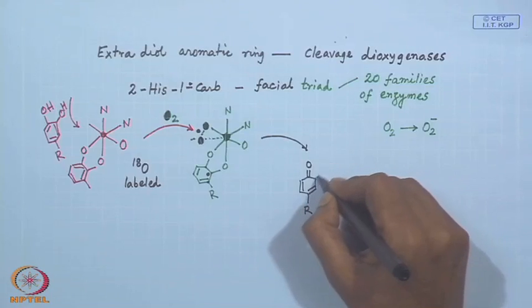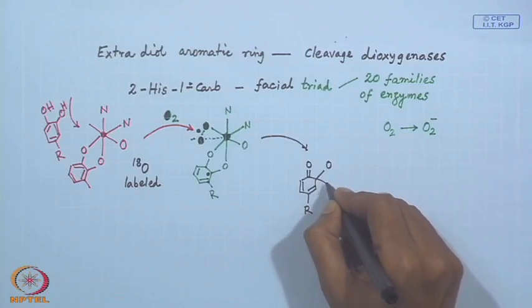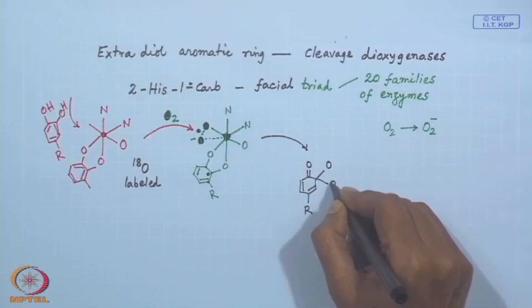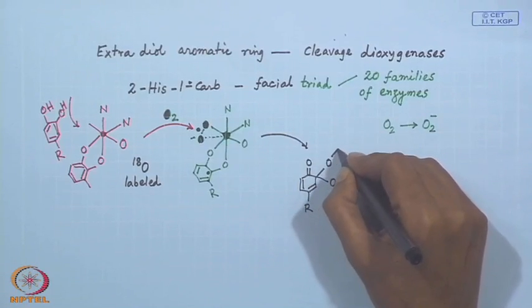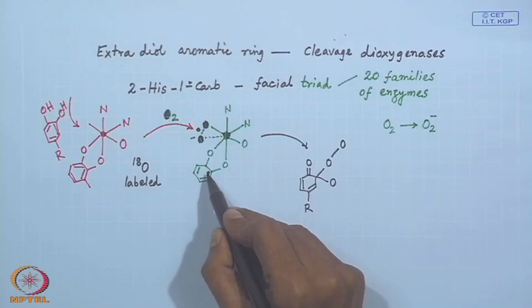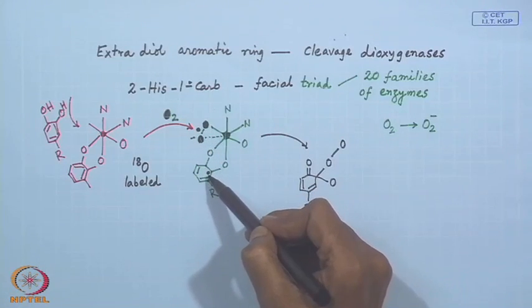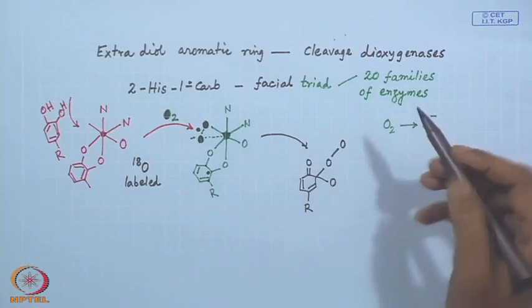What is there? So, this is one and this is the original oxygen. That means this position is getting activated, which is the radical center which we generate from here. So, this position is activated and this dioxygen molecule will come and attack this particular position.